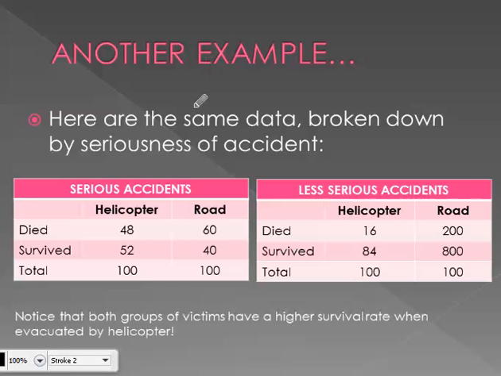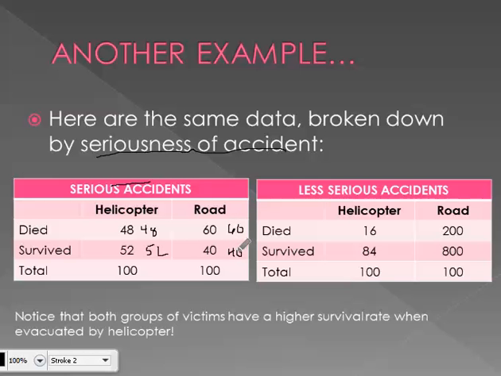So, what if we divided the data based upon the seriousness of the accident? So let's look at the seriousness of the accident and the number of people who died and survived. Well, this is 48, and this is 52, and this is 60, and this is 40.